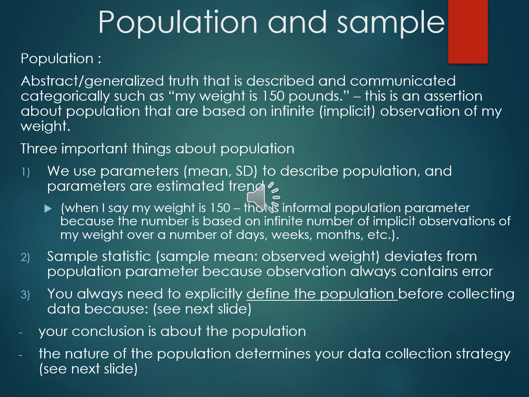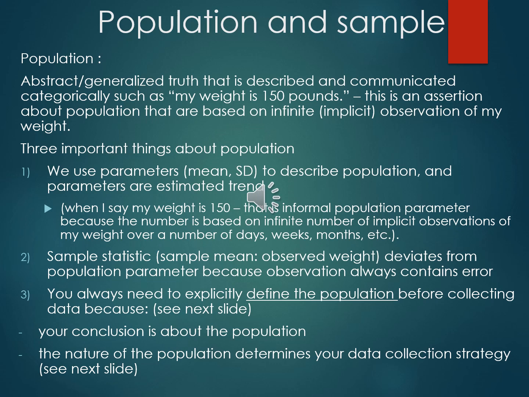Okay, and then the other thing is how this is related to sample. On the other hand, the sample statistic is actually located in a particular space and time, whereas the population is not. So the sample statistic is actually observable, because it's situated in a particular time and space.